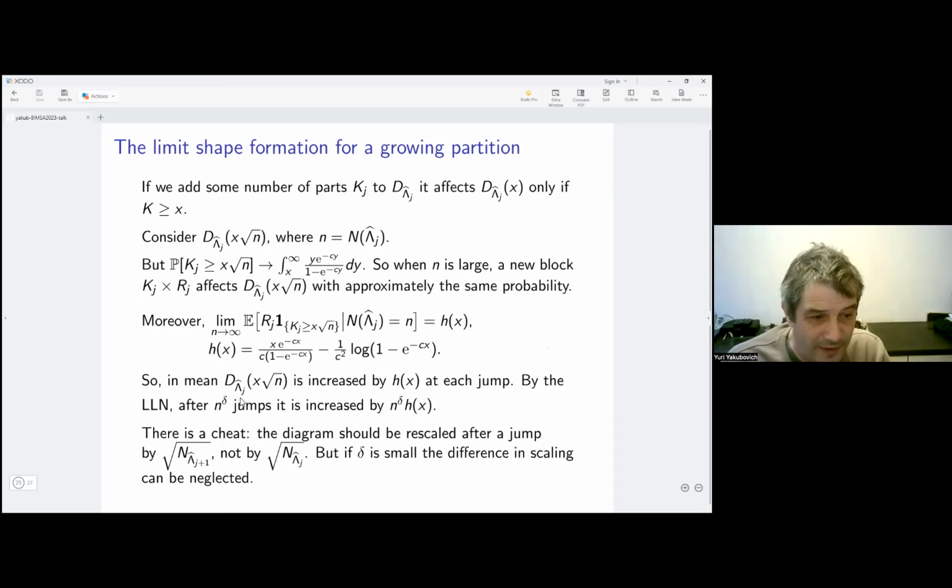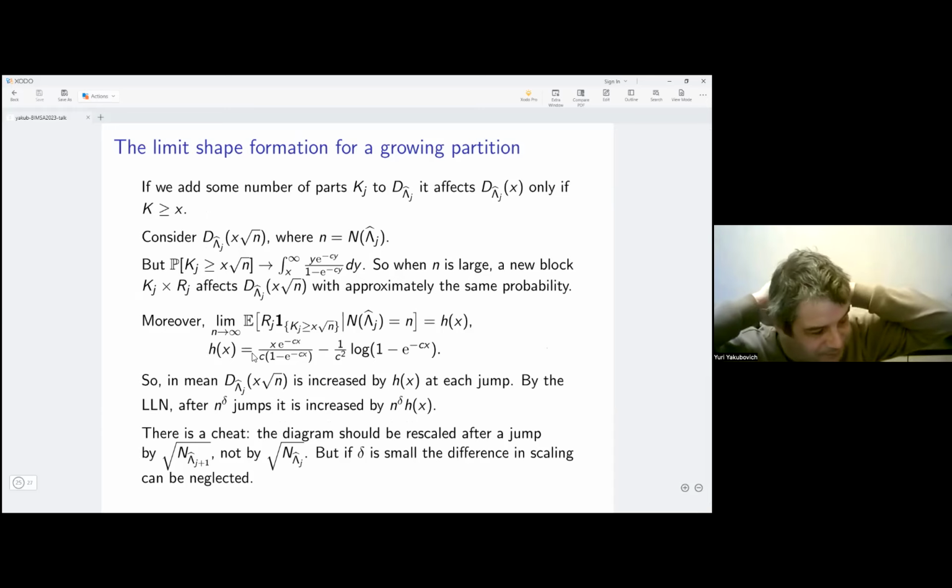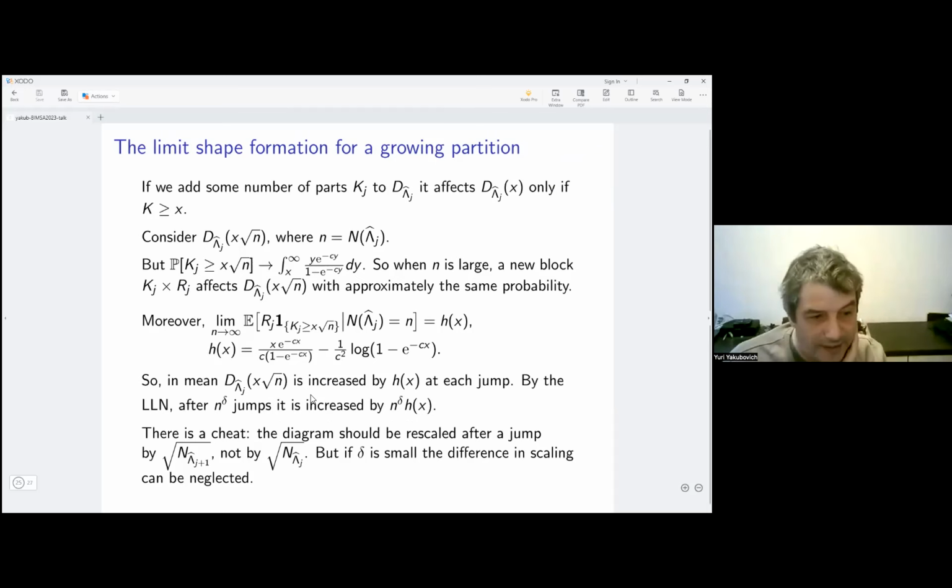So we have some random procedure of growth, and when we run it for a certain number of steps, say n to the power delta, then it is close to deterministic evolution.